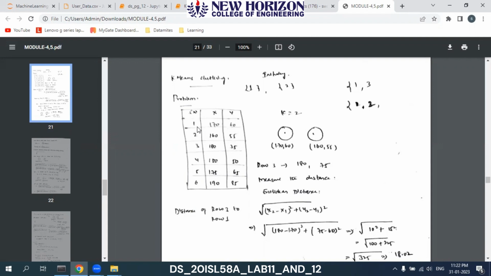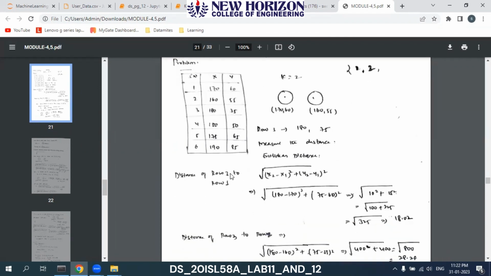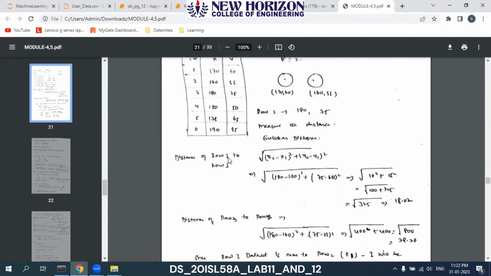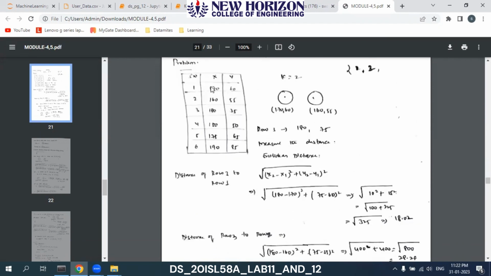If row 3 has the minimum distance to one of them, it is closest to that set. For example, the calculation here is row 3 to row 1 is 18.02 and row 3 to row 2 is 28.8. So obviously row 3 belongs to set number 1. So 1 and 3 form one cluster and 2 is as it is.